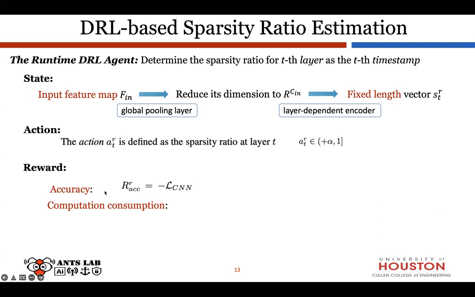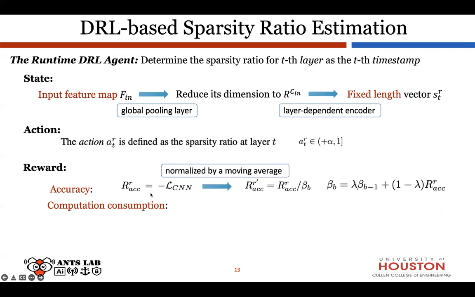For the accuracy, we define the accuracy reward as the minus of the loss. Since this loss may vary in scale among different training stages, for example, large at the beginning of the training and small near the convergence, they normalize this loss by a moving average factor beta B, which makes the training more stable.